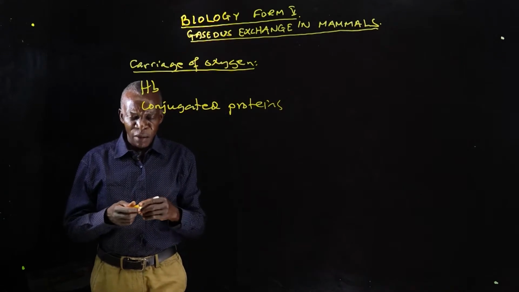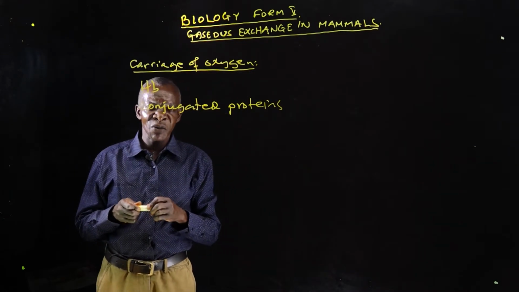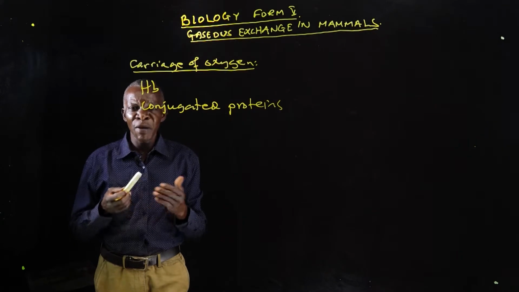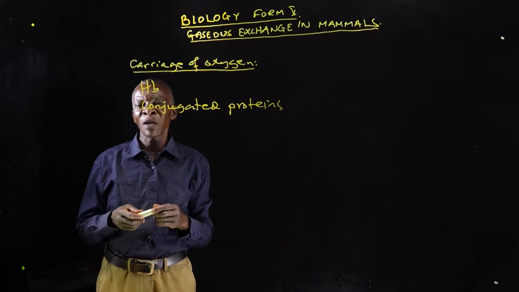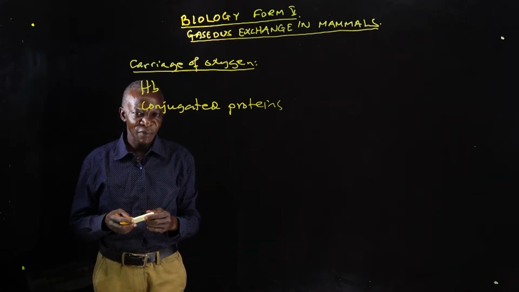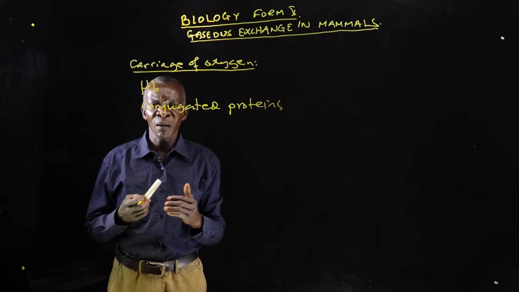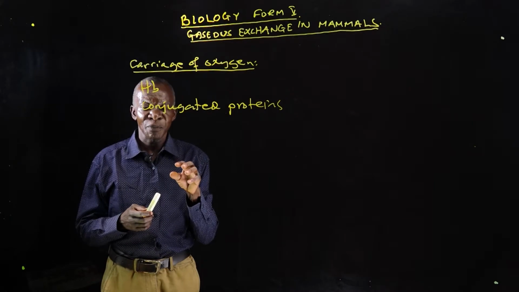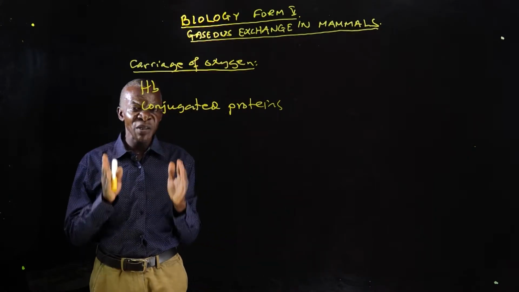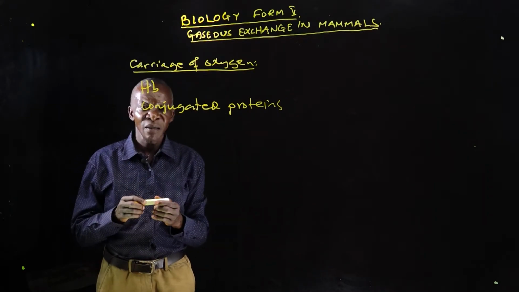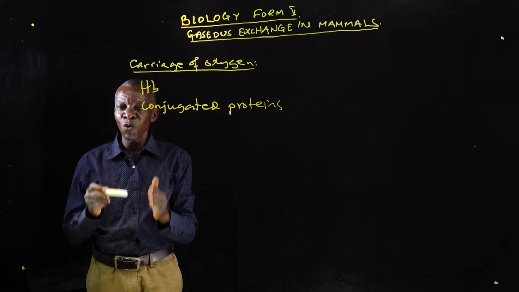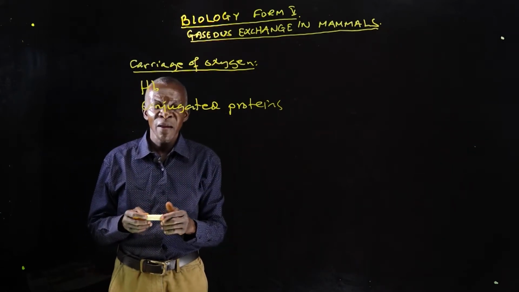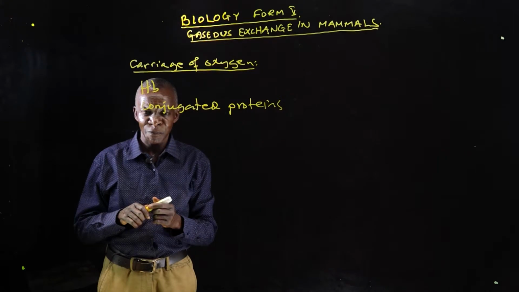From your basic biochemistry point of view, can you remember what a conjugated protein is? A conjugated protein is one which consists of 2 parts: a pure protein portion and a non-protein portion.